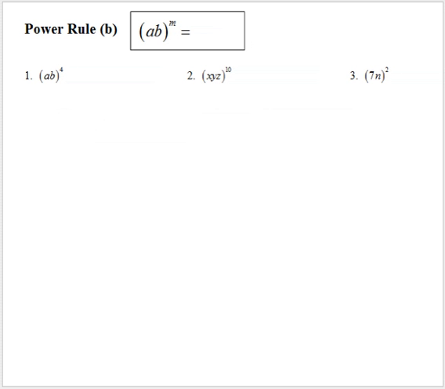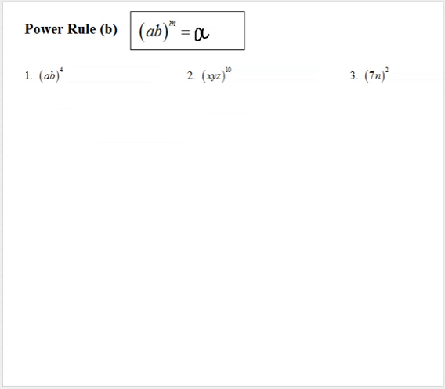All right. Part B, Elaine, you want to tell me what's the rule here? That would be a to the power of what? Good.